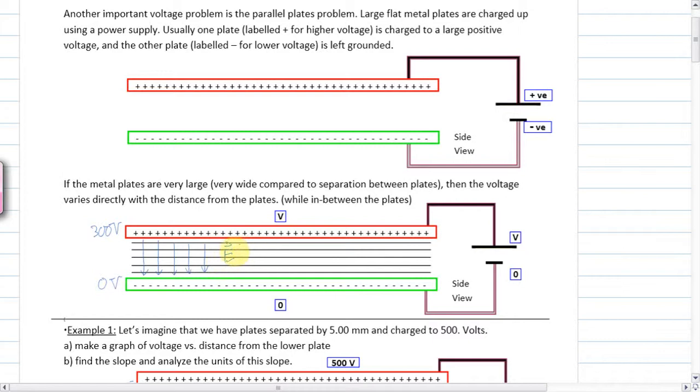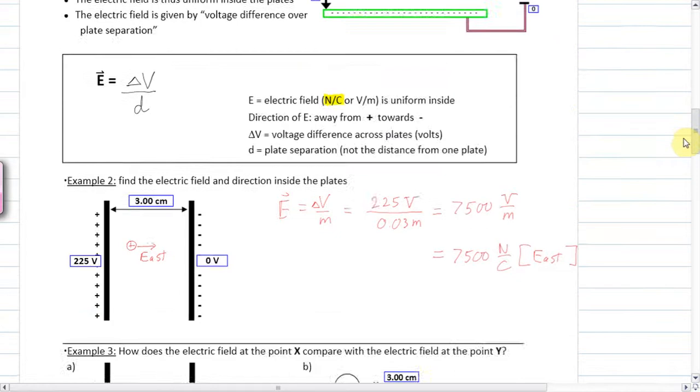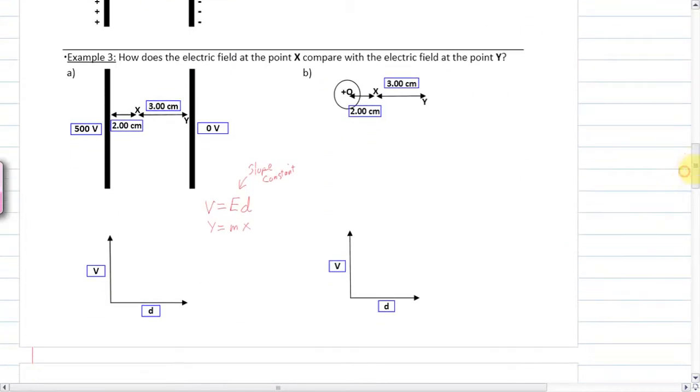And as we continue on, the distance between the lines is not increasing as we go along. So the density of those E field lines represents the change of it, and it doesn't change. So the E field at X will be the same as the E field at Y. We get a slope on this graph, it's the same. The E field is the same everywhere.